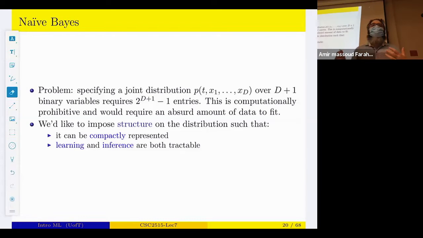But the downside of any structure is that it adds some restriction. If the restrictions are too restrictive, then we can't represent our distribution accurately enough. So there's a trade-off. And you will see what kind of restriction we have in the case of naive Bayes.